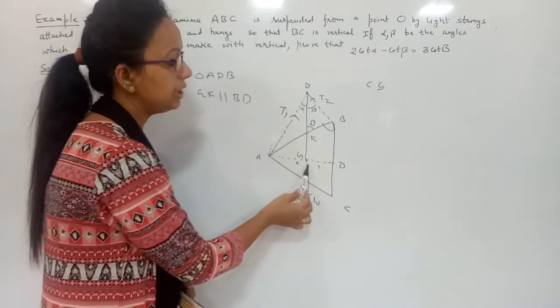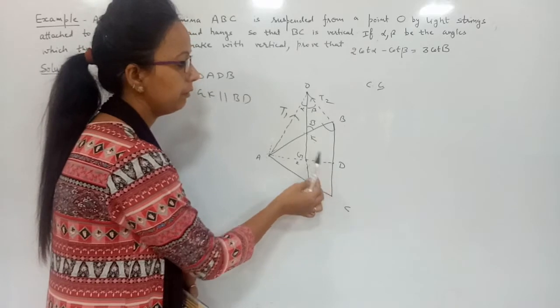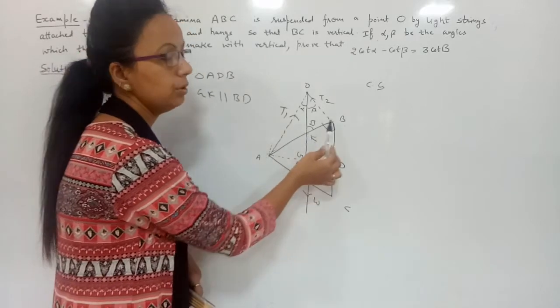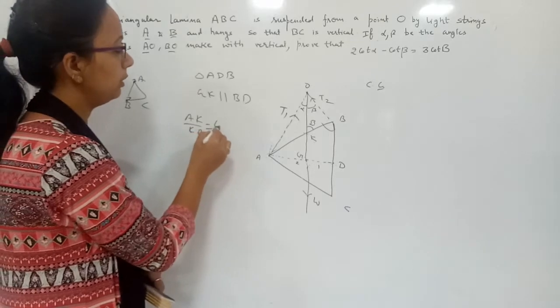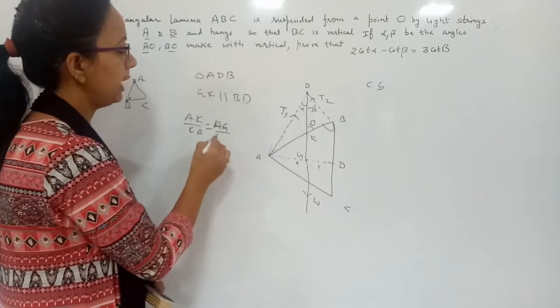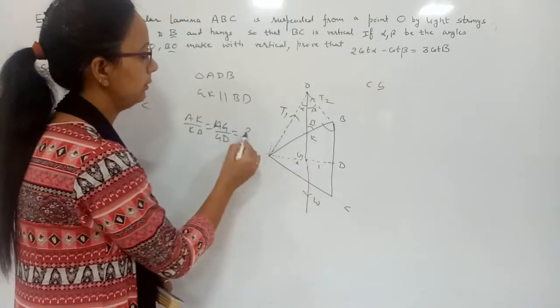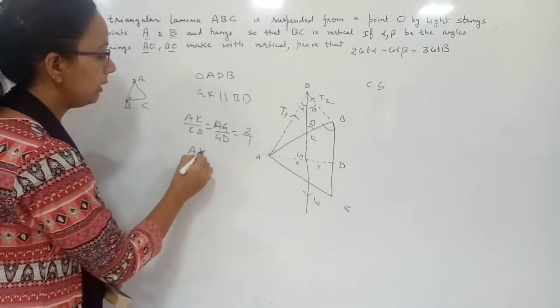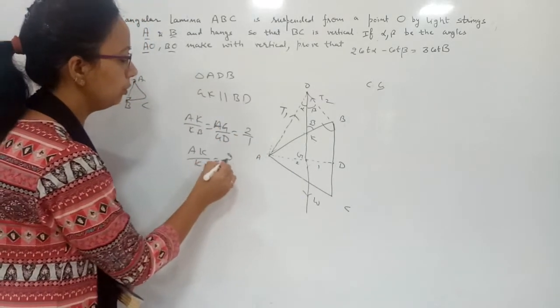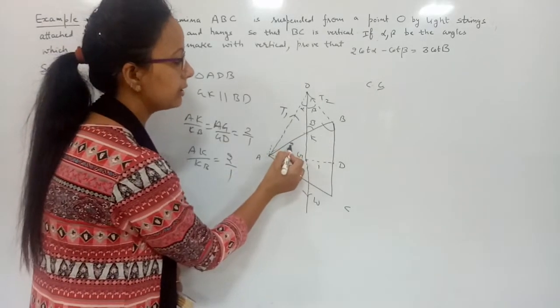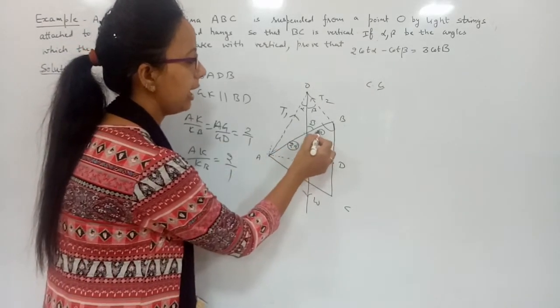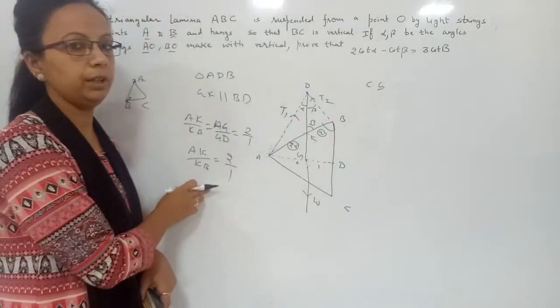So here AG ratio GD will be equal to AK ratio KB. AK by KB will be equal to AG by GD, and this is 2:1. So AK by KB is also 2:1. So if we have this 2:1, then we can take this as 2a and this as a.